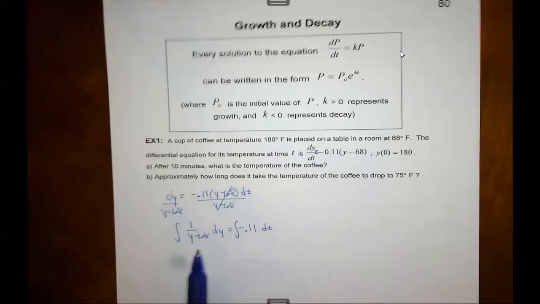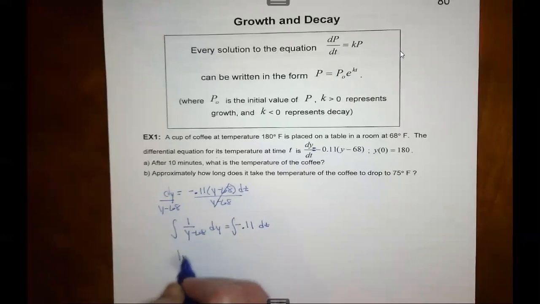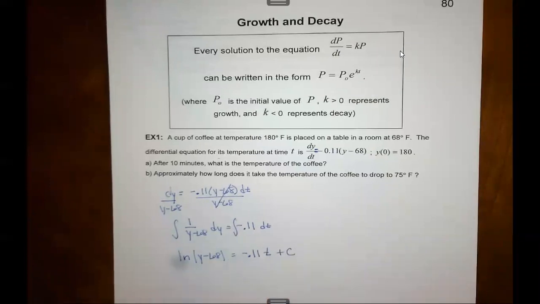So I know from last week that the integral of 1 over this value is going to be a natural log of the absolute value of y minus 68. And then that's going to equal negative 0.11 t plus some constant. Now, when they're asking us to write the equation, they're asking us for the general form, the general solution. And so we're going to go ahead and rearrange this so that we can get y by itself.